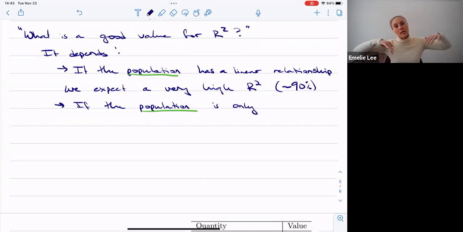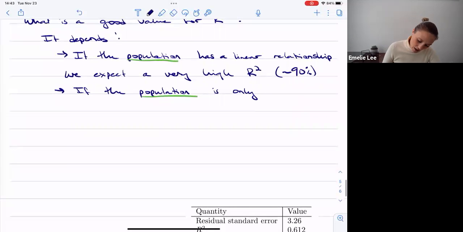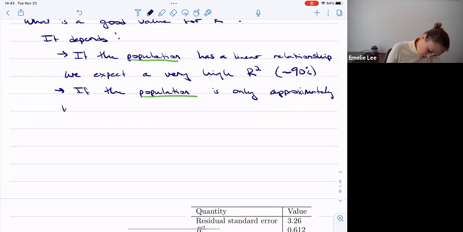Because if it's completely non-linear, we need other tools to deal with that. But sometimes we've got these kind of relationships that are, you know, sure, we're going to use a straight line here. So if the population is only approximately linear, we expect the lower values of R squared.